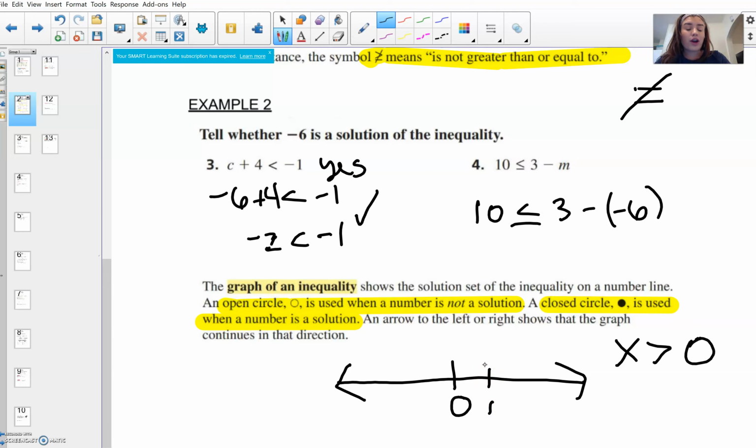Well, we know that we have fractions that go right up close to 0, like 0.0000001. And that's real close, right? So what we have to do is put an open circle on 0. And then since it's greater, it's going to grow and grow bigger up the number line. So we have our open circle because it's not equal to 0, it's greater. And it keeps going up and up because it's growing up the number line.